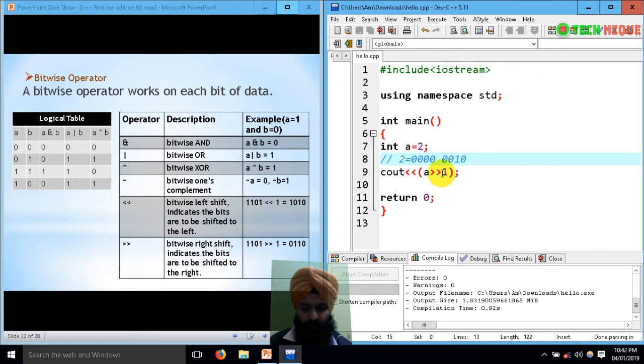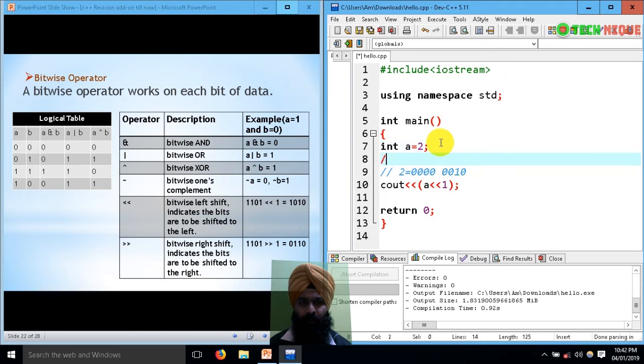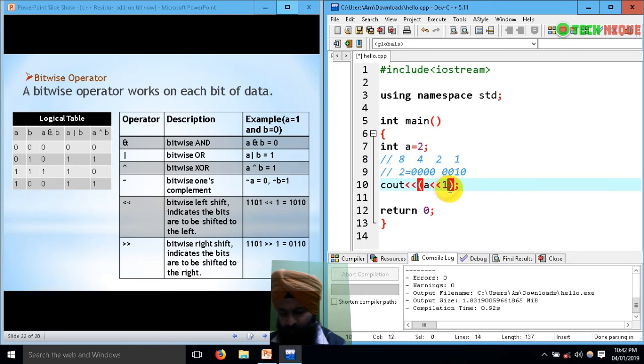Now similarly you can do this. Okay, so I'm going to represent this as 8, 4, 2, 1. Now if I left shift the bits by 2, it means this is going to shift over here and over here. 2 times I'm going to shift it to the left side.